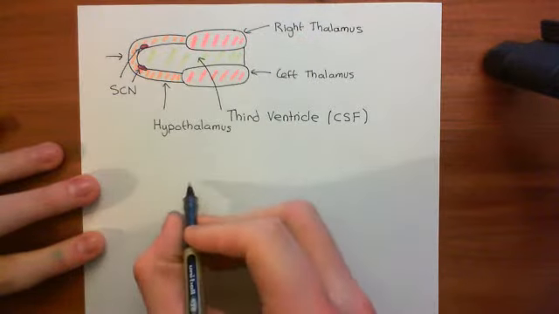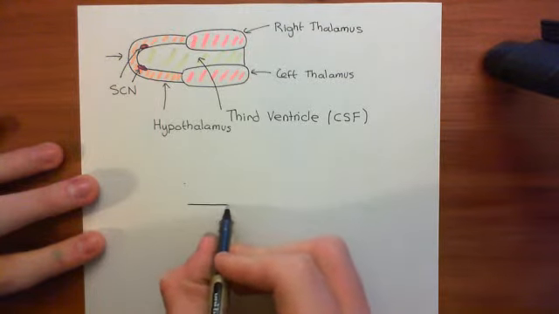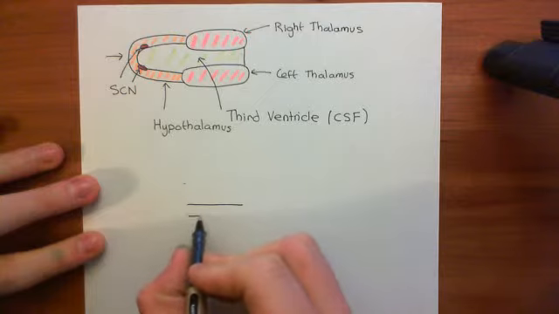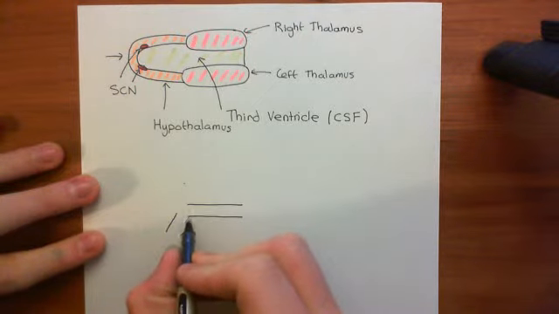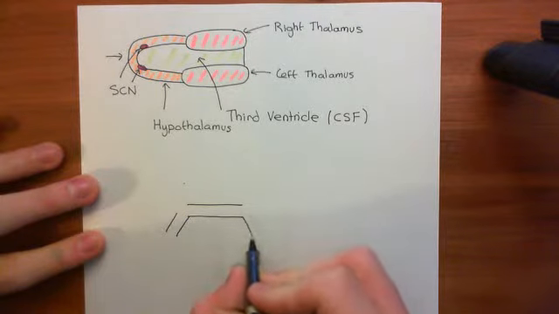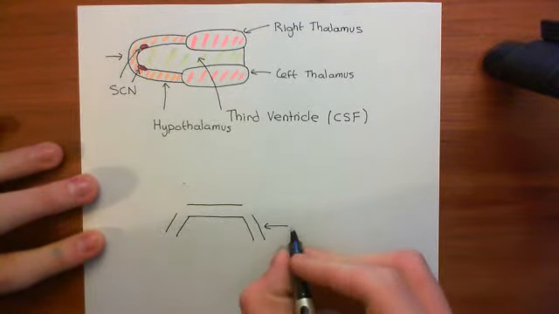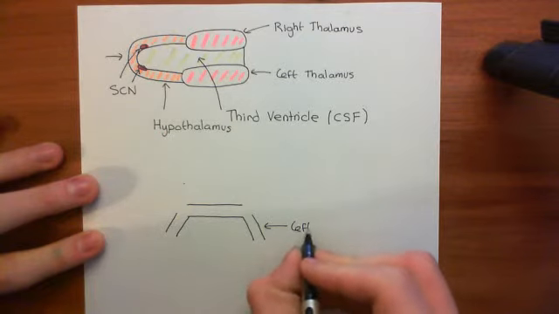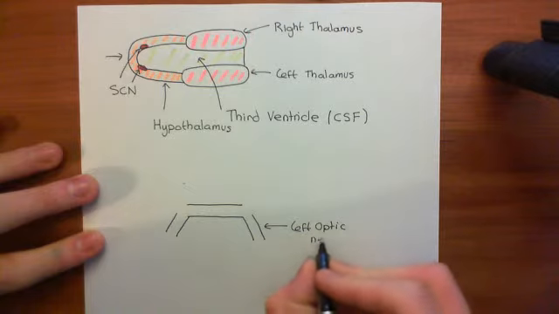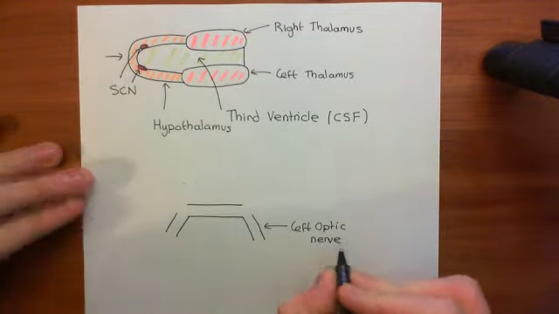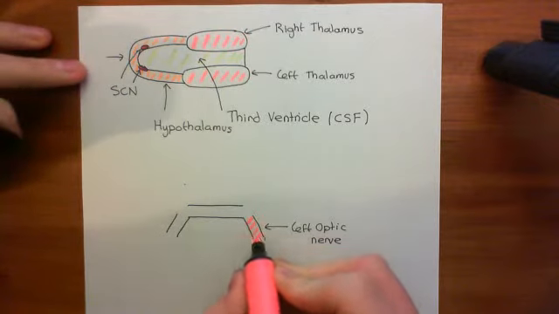Okay, so what I'm going to draw is the optic chiasm then. I think I'll draw it slightly lower down than that. So we'll have the optic chiasm here, and into the optic chiasm, of course, will be coming the two optic nerves. So this will be the left optic nerve here, coming from the left eye, and on the other side you'll have the right optic nerve, so we'll colour in the left and right optic nerves in red here.